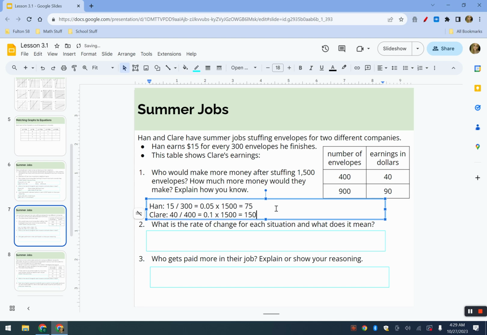So Claire obviously made more. Now we just need to figure out how much more. So we're going to take 150 and subtract 75, and that's actually going to be 75 as well. So now we're going to say Claire, and she made $75 more.